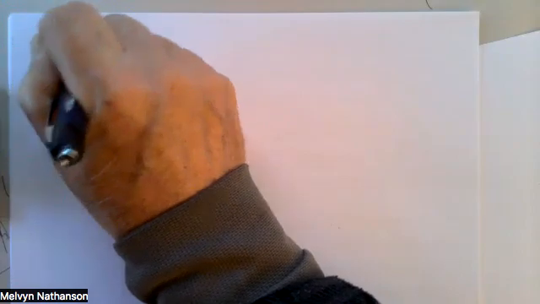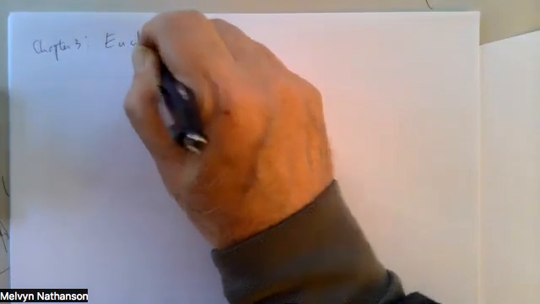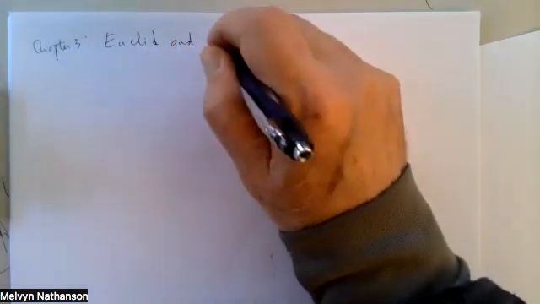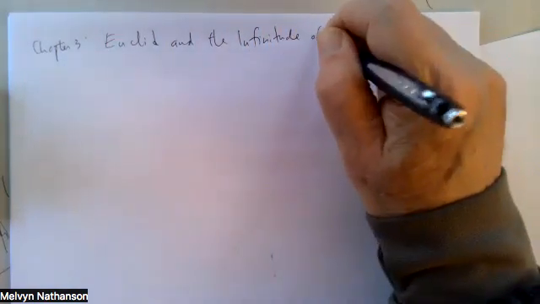So this is the 3rd week of the semester, and we have a simple calendar for the semester. Every week we do another chapter. So in the 3rd week, we begin to study chapter 3, which is on Euclid and the infinitude of primes.